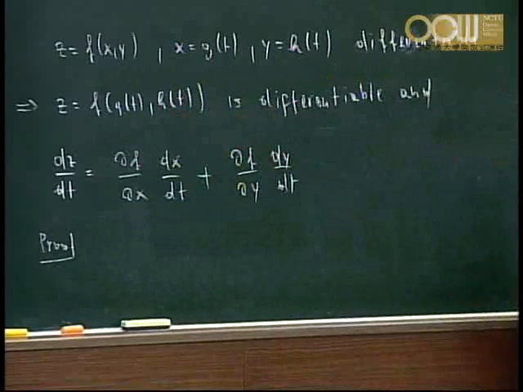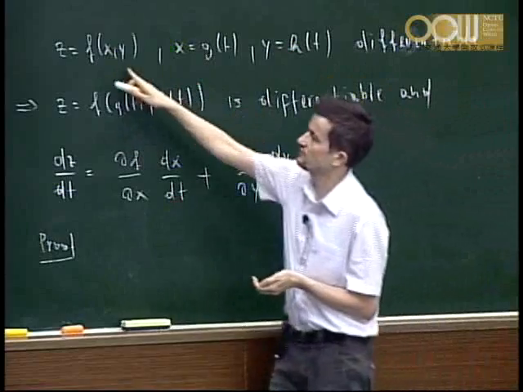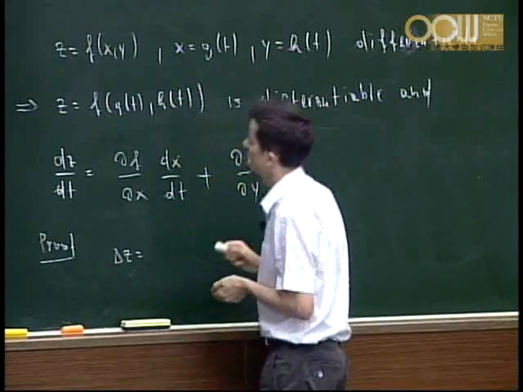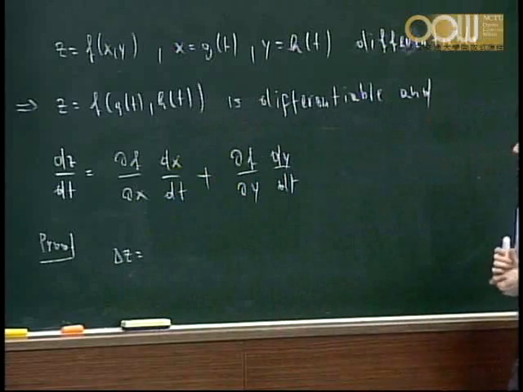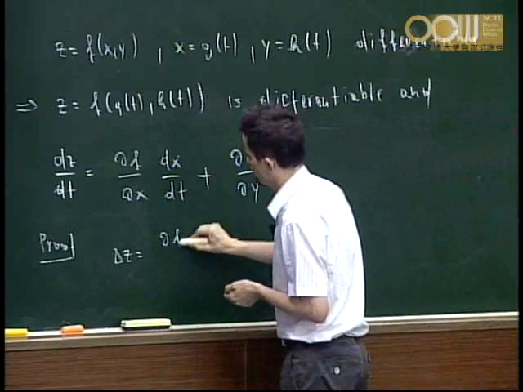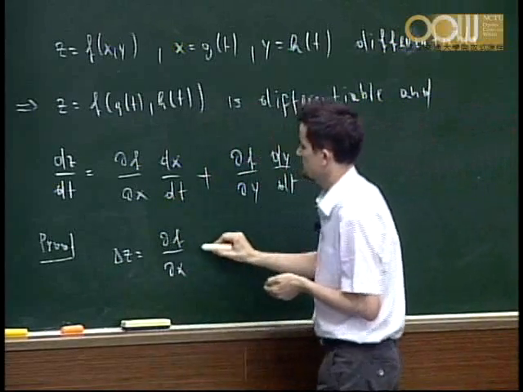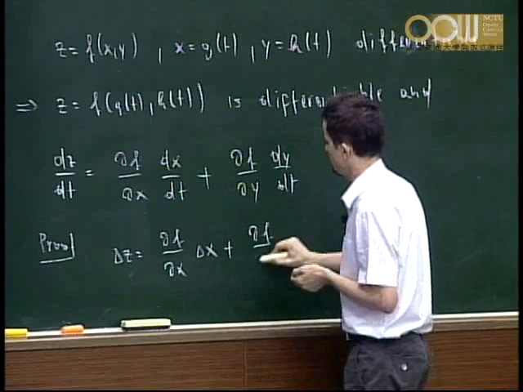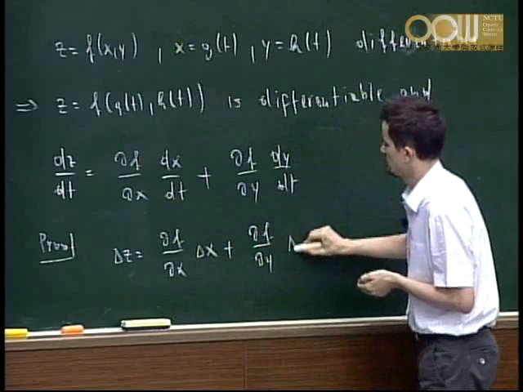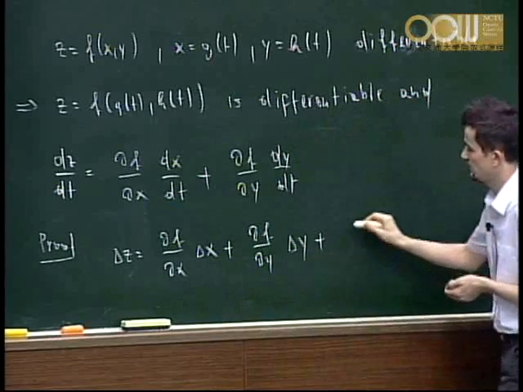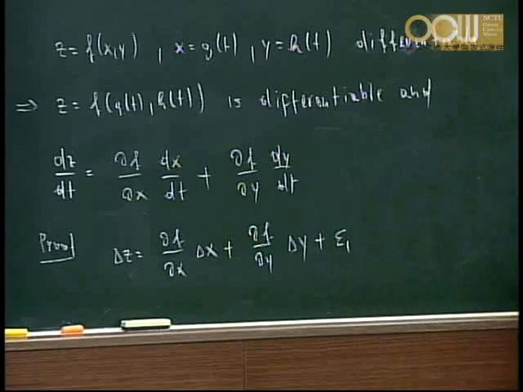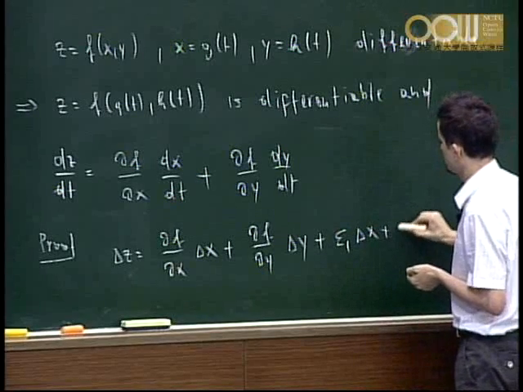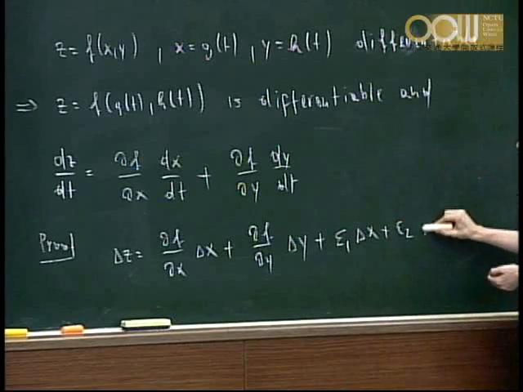Because we know that this function is differentiable, we can write delta z as the partial derivative of f with respect to x times delta x, plus the partial derivative of f with respect to y times delta y, plus the function epsilon 1, which depends on delta x and delta y, times delta x, plus the function epsilon 2 times delta y.